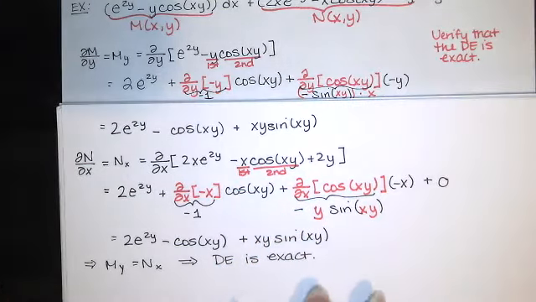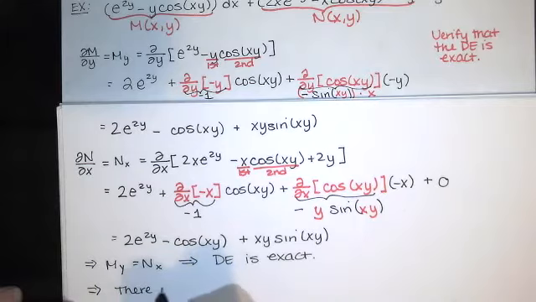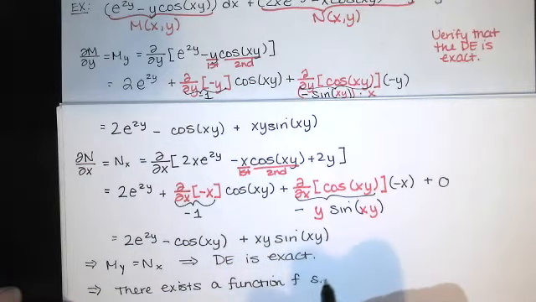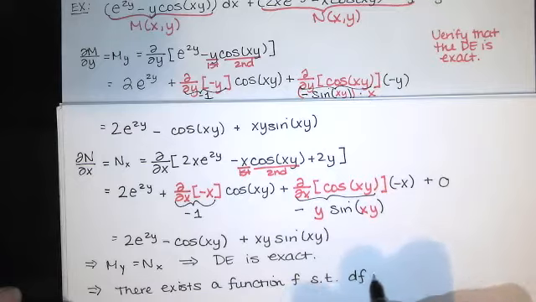Okay, now that we know the differential equation is exact, well, that tells us that there is a function out there. So we say there exists a function f such that the following is true. The differential of f is m dx plus n dy.